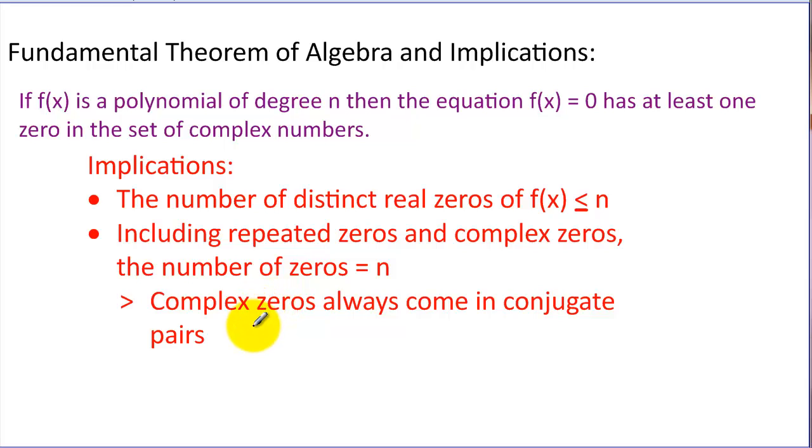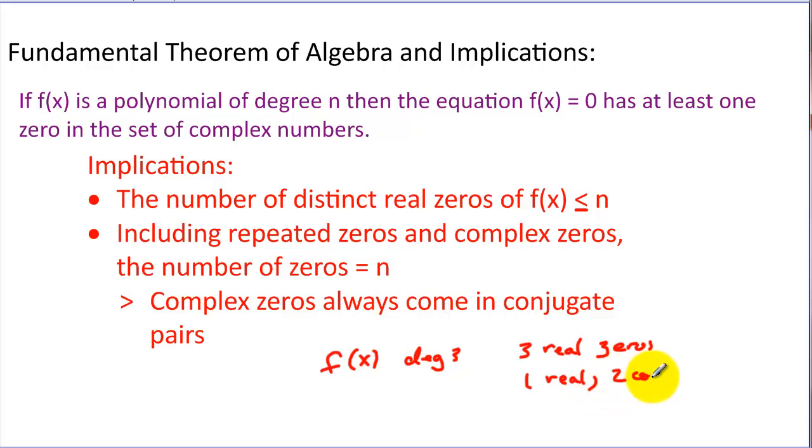So if we had a cubic, say an x cubed, so f of x was a polynomial of degree 3, we could either have 3 real zeros. Now they could be 3 distinct real zeros, or it could be a zero of multiplicity 3, or we could have 1 real zero and 2 complex zeros.